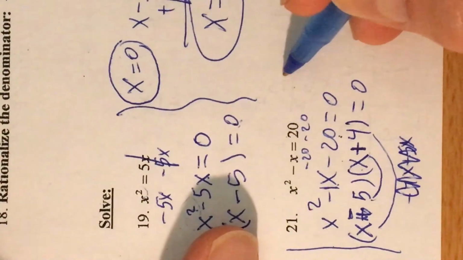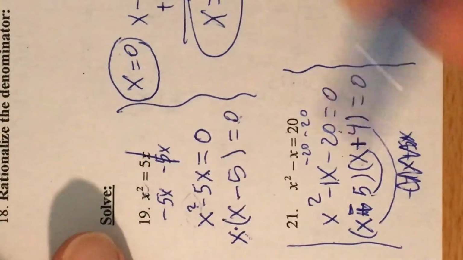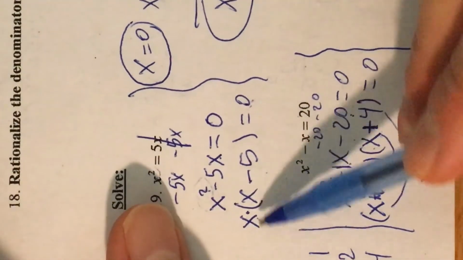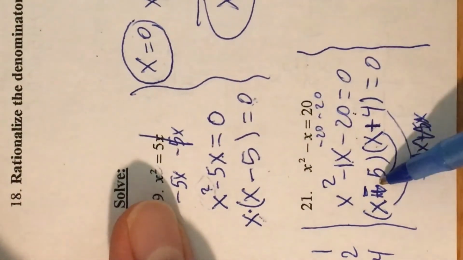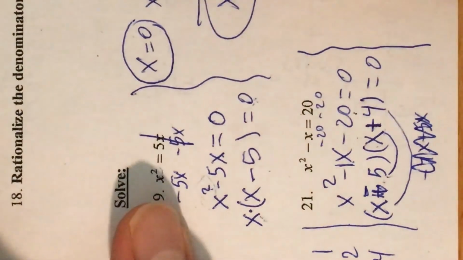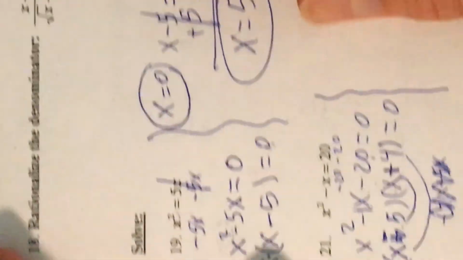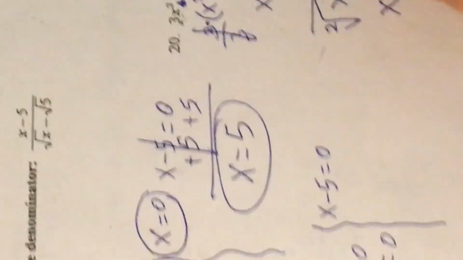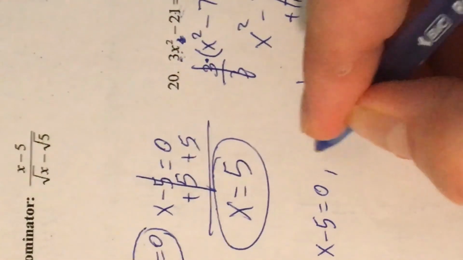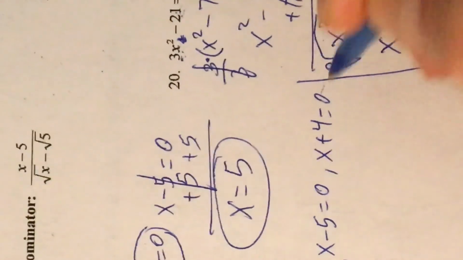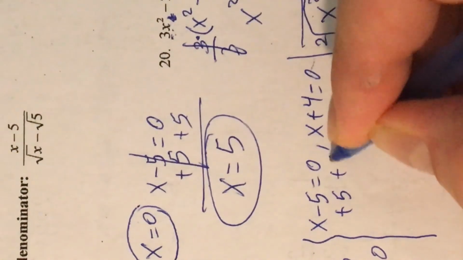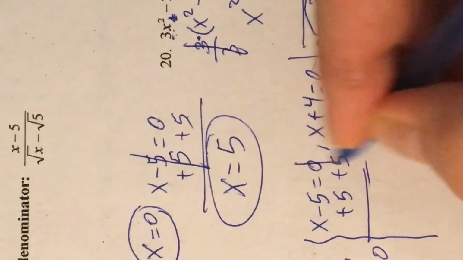Now I still haven't solved for x. So what do I do next? Just like this problem, I have two quantities that are being multiplied that is equal to 0. So I set each factor equal to 0. That's based on the zero product property. So I have x minus 5 equals 0. And I have x plus 4 equals 0. And then I solve each equation for x. I add 5 to both sides.